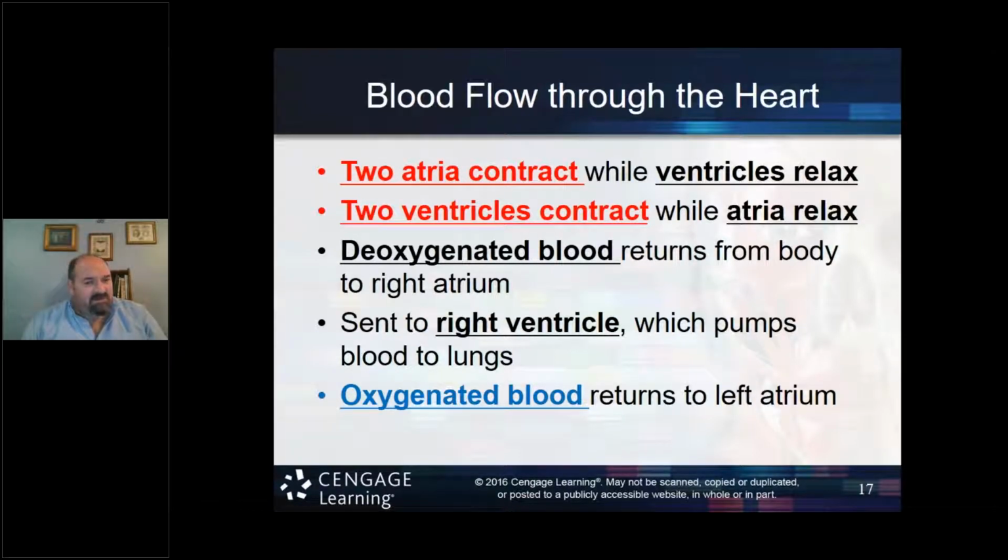So you're not getting enough movement of blood by doing that. So having one contract while the other relaxes to receive, and then that one contracts and the other relaxes to receive. Yeah, it's quite a system. And again, two pumps.